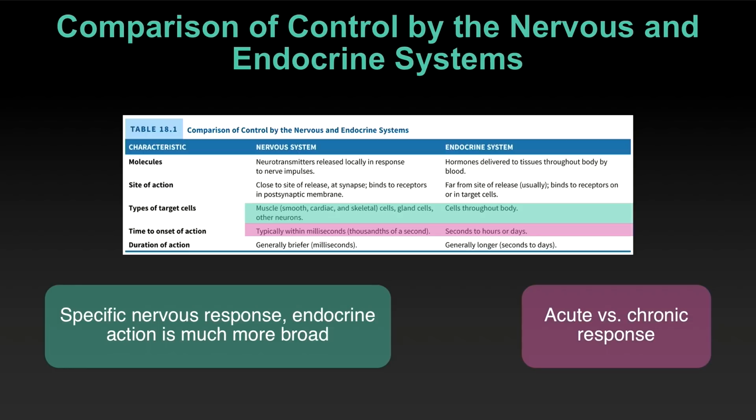The tissues are more broad, the actions are more broad, and we'll see how those broad responses are carried out shortly. Major difference in the speed and the duration of the signal transduction.